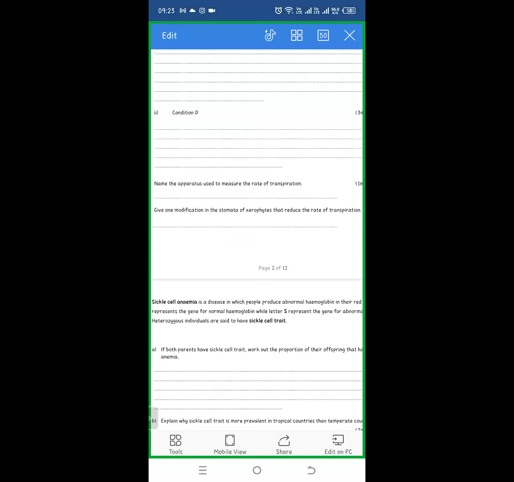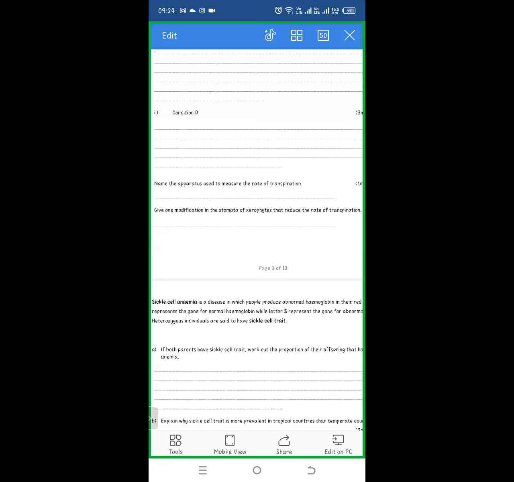Let us remember, stomata is one of the structural factors that affects the rate of transpiration. It has several things in it. We talk about midday closure, we talk about reverse stomatal rhythm, and also the ones that we've just talked about here, being sunken, being hairy, and small stomatal apertures. When we look at all these, there are only three that are structural modification.